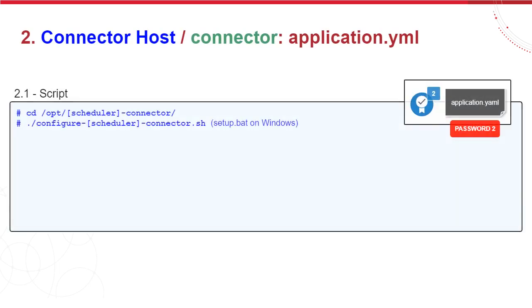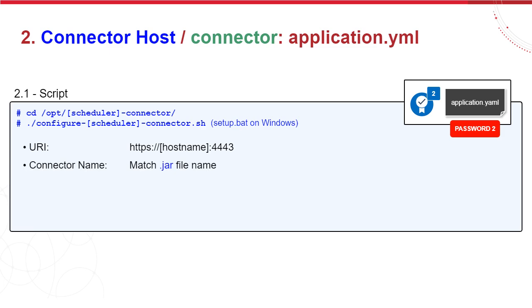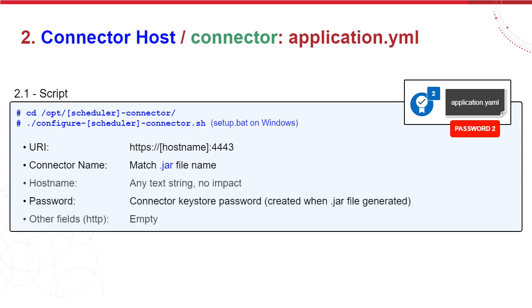We have to recreate a connector that is TLS SSL enabled and import the certificate. For this, we run the configuration script again. The prompts should be the HTTPS URI, the connector name which matches the name of the certificate file, and the password, which should be password 2.